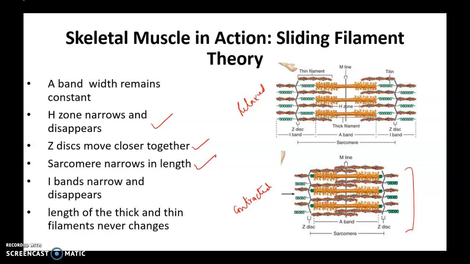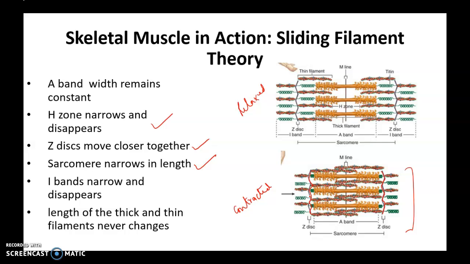Okay. Now, let's talk about the I band. In the contracted sarcomere at the bottom, just look at the sarcomere from here to here. We are focusing on this part. Do you see an I band with thin filaments only?